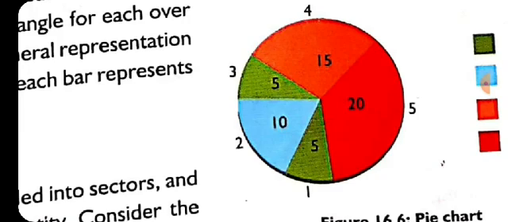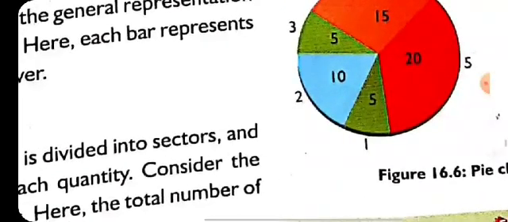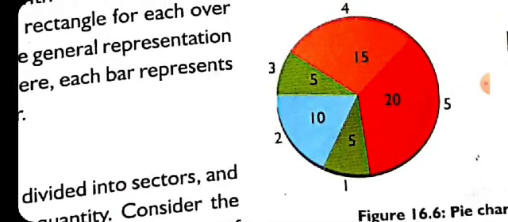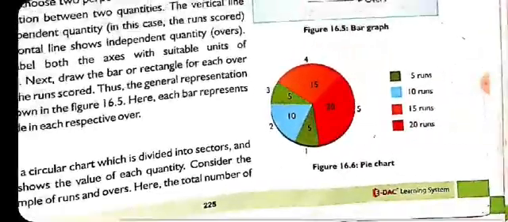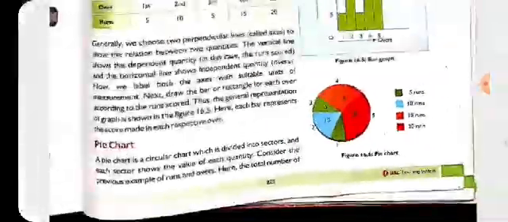Sectors are parts of the circle, and accordingly we will give the shape to the sectors: the more runs scored, the larger the size of the sector. So in this we represent the data in the form of a circle, dividing the circle into different sectors. Clear? So this is done in front of you using the same table. Clear?